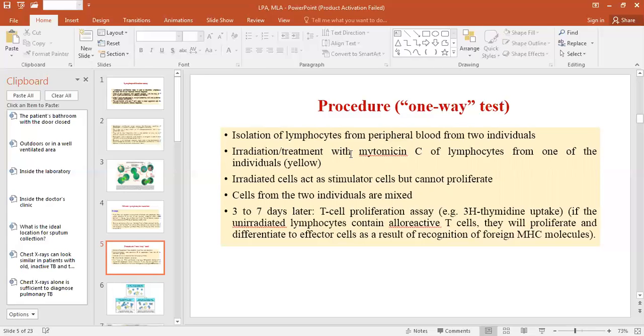So they are acting here as stimulator cells. But the others can proliferate, while these cannot.